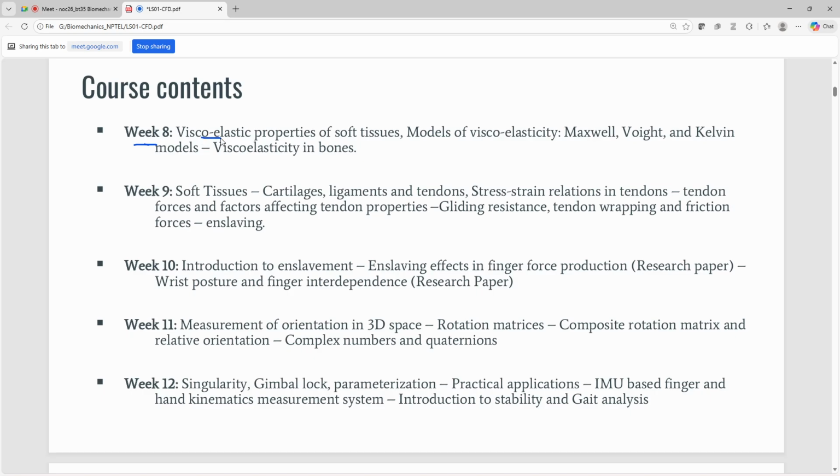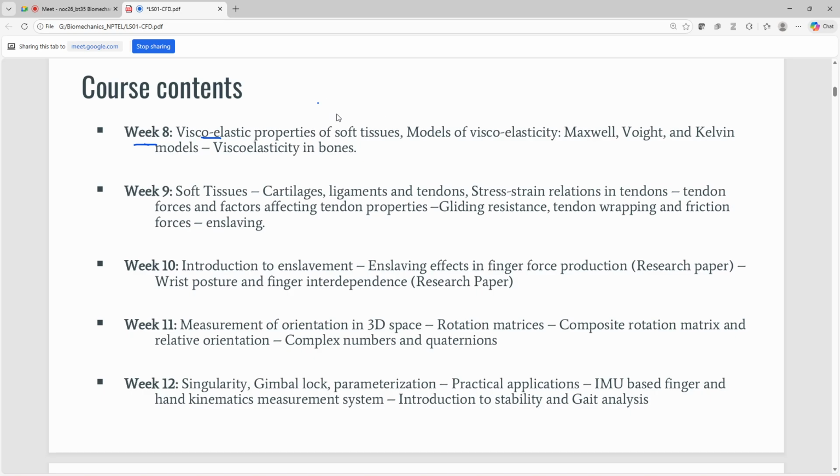Viscosity and elasticity is a combined term. So you might have already learned about elastic properties and plastic properties. There are some materials where, when some force is applied on it, it will stretch or deform.